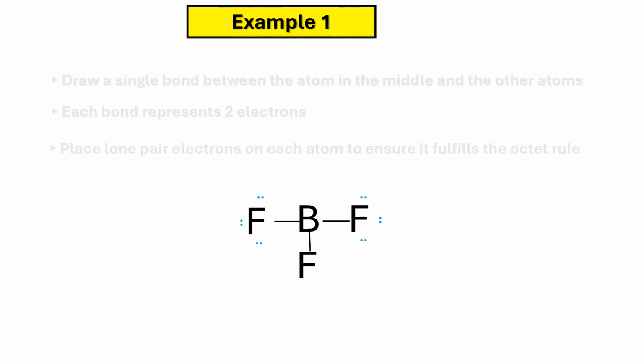We do the same for each fluorine. And boron has 3 bonds for a total of 6 electrons, so it needs 2 more electrons. So far, everybody's happy by fulfilling the octet rule.